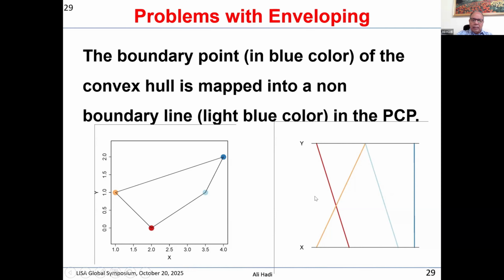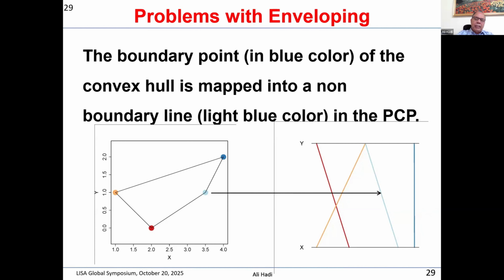You can see here that this point, which is a boundary point on the scatter plot of y versus x, is not a boundary point, it is a middle point, because this point here is outside it. So this point here is an interior point on the PCP.